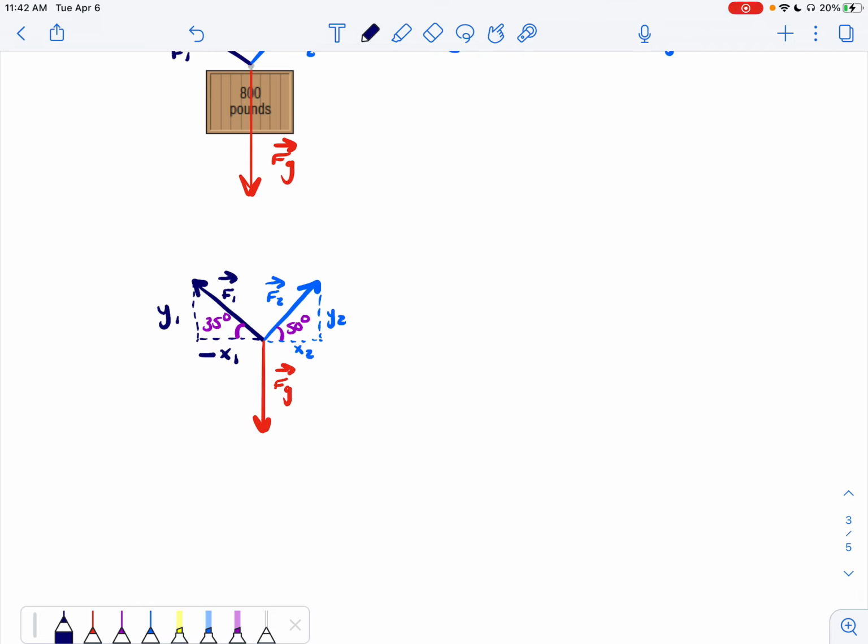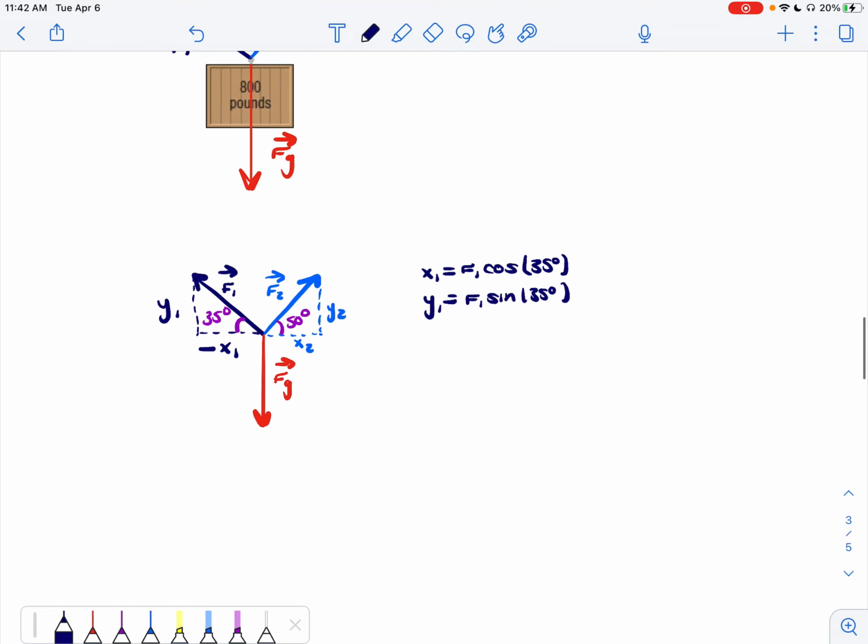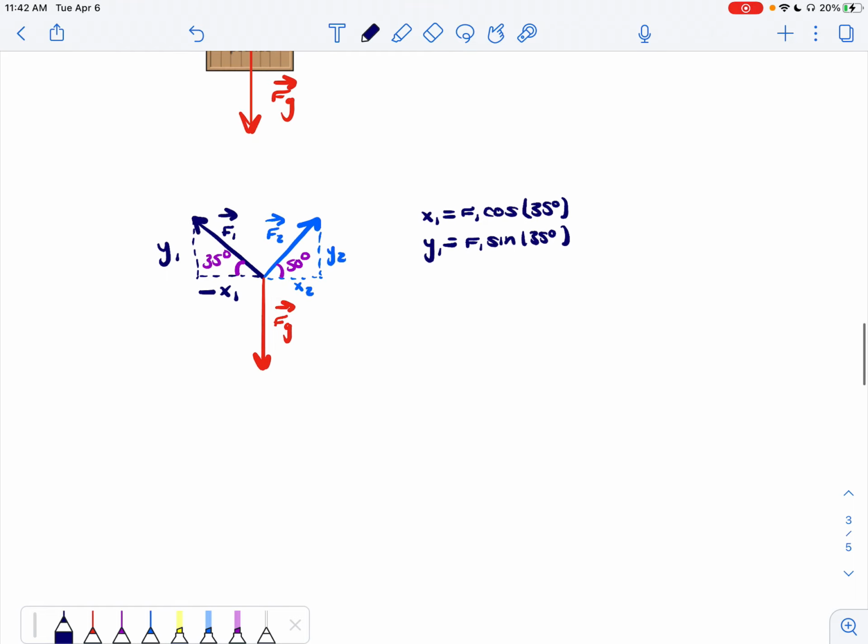Let's start with the cable on the left. X1, that's our adjacent side, is going to be equal to F1 times the cosine of 35 degrees. And then Y1 is going to be equal to F1 times the sine of 35 degrees. X is cosine, Y is sine.